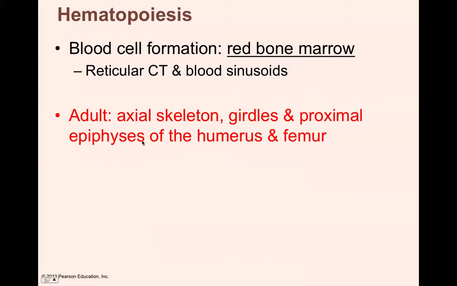In the adult, this is found in the axial skeleton, in the girdles, pectoral girdle and the pelvic girdle, and the proximal epiphyses of the humerus and the femur. Remember, proximal is the one nearest the core of the body. So in these epiphyses of the humerus and the femur, and then within the axial skeleton and the pectoral and pelvic girdle bones, in those bones in the red bone marrow is where blood cells are formed.